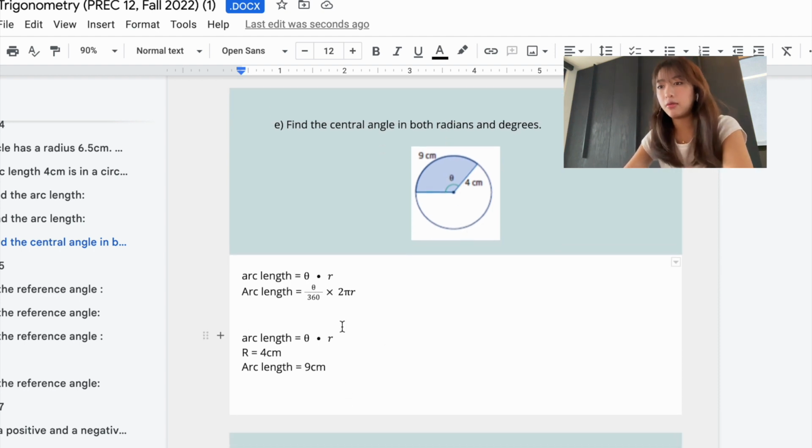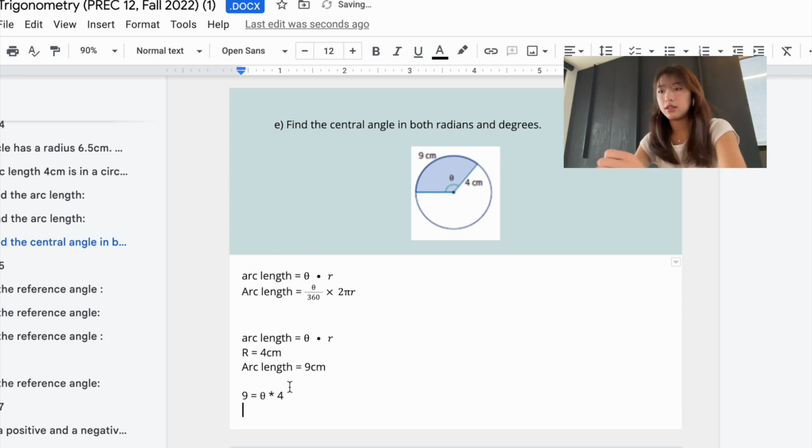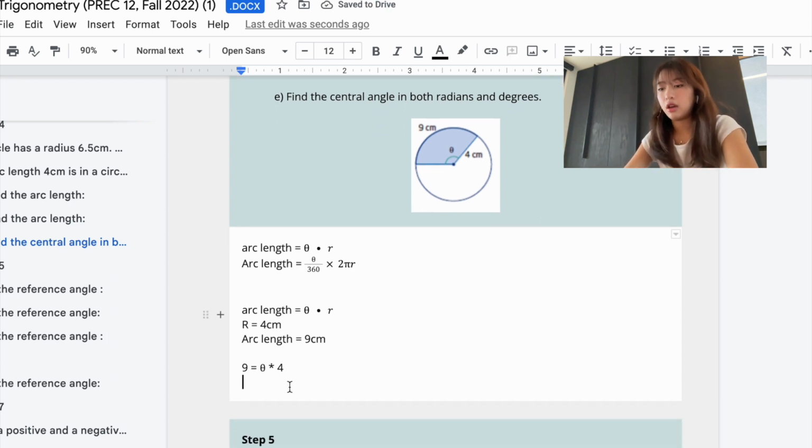Okay, so now we'll just plug this in. So arc length, which is 9, equals theta times radius, which is 4. Okay, so now we will solve for theta. To solve for theta, we will set everything in terms of theta, and we will do that by dividing both sides by 4.